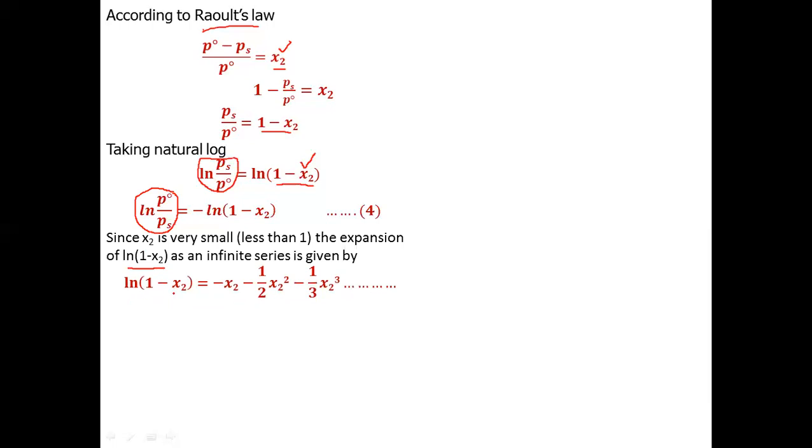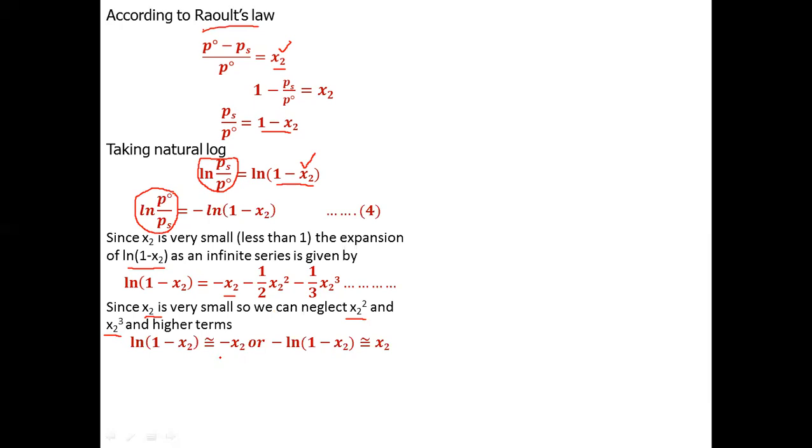If x2 is small, minus natural log of 1 minus x2 can be expanded to x2 plus half x2 square plus 1 by 3 x2 cube and so on. But as you know the solution is dilute, x2 is very small, so we can neglect higher terms. x2 square will be even smaller, x2 cube even more so, so we can neglect the higher terms.